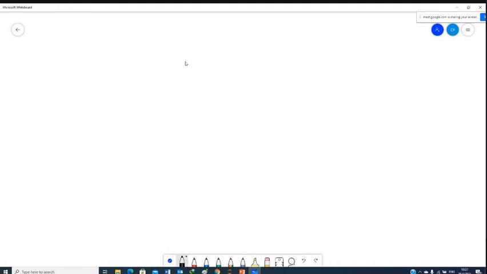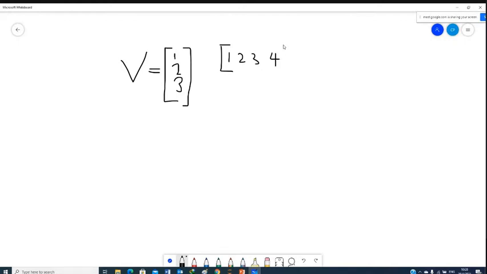A vector will be, in this case, one where one of the dimensions is 1. So this is considered to be a vector, right? If we represent it by V, this is a vector, and this is also a vector.